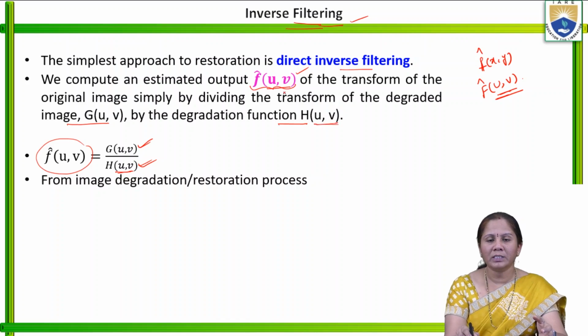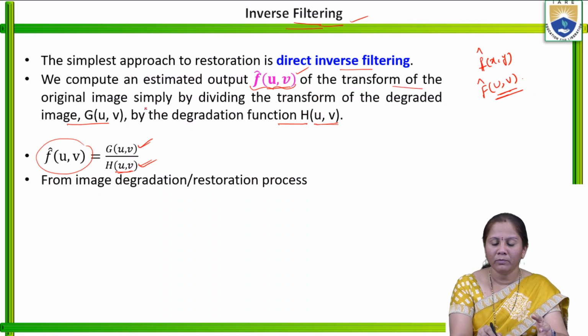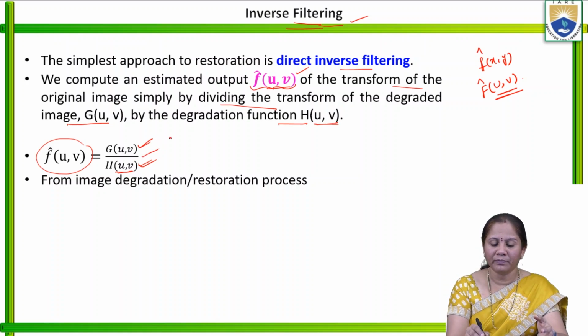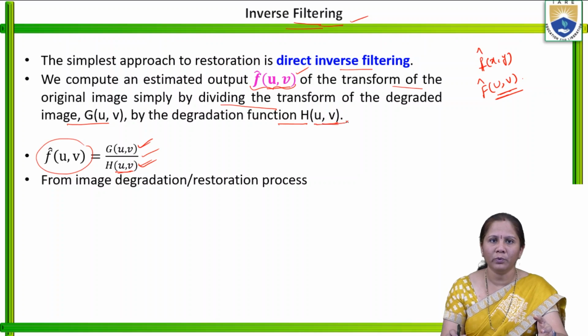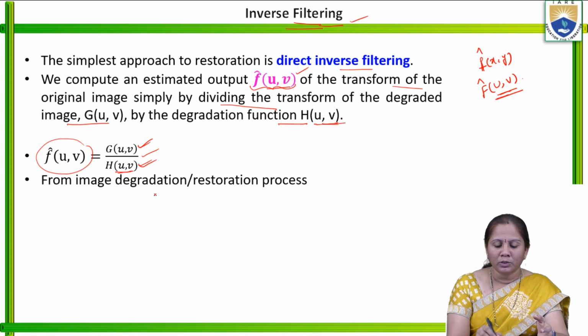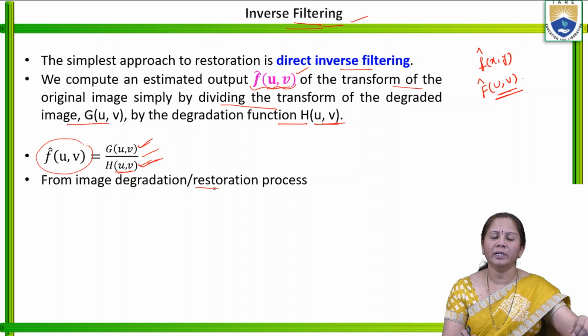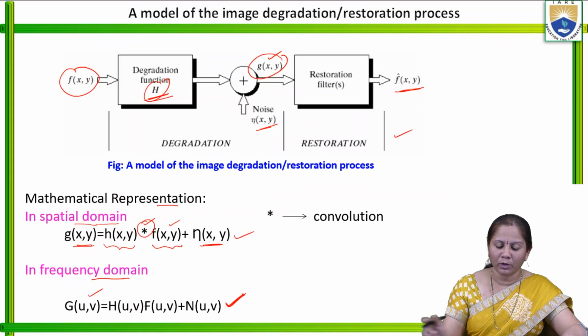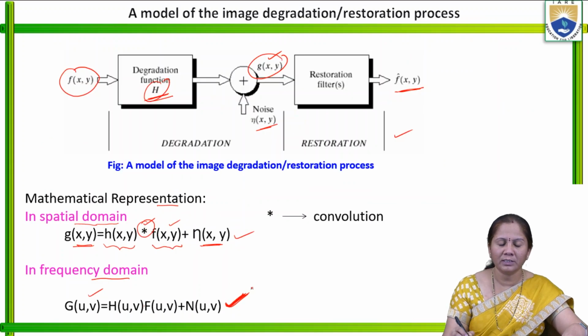So we can compute the estimated output F cap of u comma v of the transform of the original image simply by dividing the transform of the degraded image G of u comma v by the degradation function H of u comma v. This formula we have taken from the image degradation process.